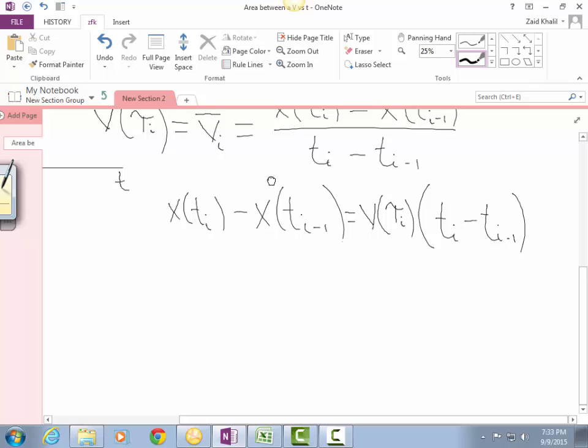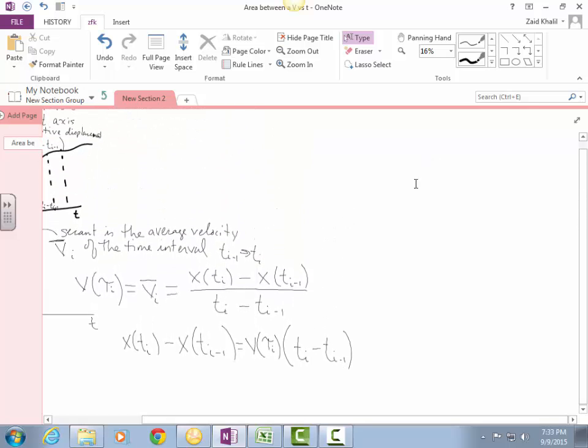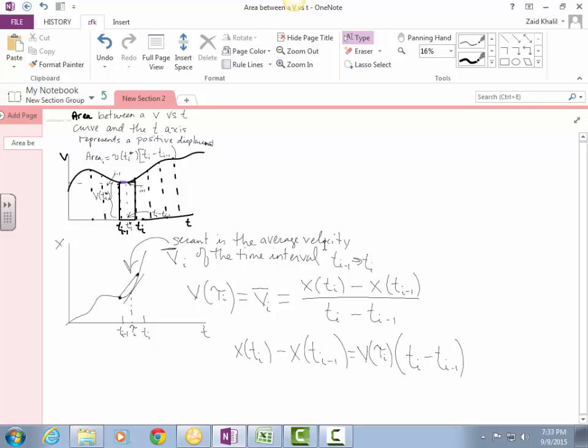So, we're going to step back for a second. This should look familiar because in the previous case, what did we do? We found that the area of this rectangle is equal to v of ti star.